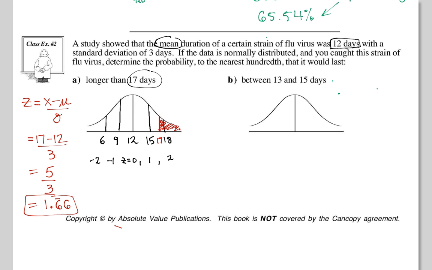Am I correct on the whiteboard? Okay, so this z-score gave us an area of 0.9515. So we did 1 take away that to get the other piece. 0.0485.